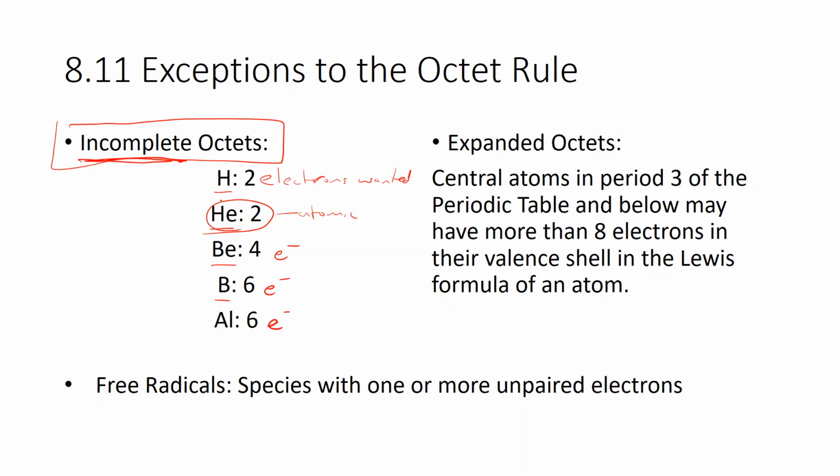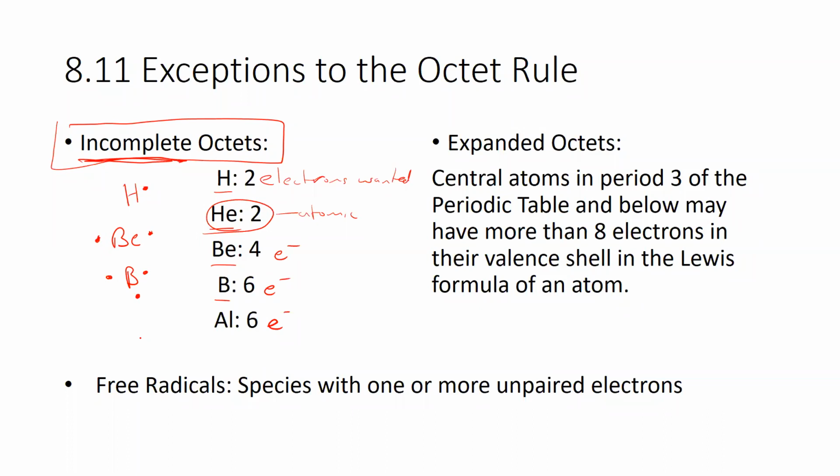Okay. And the reason is they just don't have enough electrons around them, right? If you look at beryllium, well, we can look at hydrogen first. Hydrogen's got 1 electron, so it's only going to form 1 bond, which means it's going to share 2 electrons. Beryllium, 1, 2 electrons around it, so it'll form 2 bonds, meaning it'll share a total of 4 electrons. Boron, 1, 2, 3, so it'll form 3 bonds, meaning it'll be surrounded by 6 electrons.